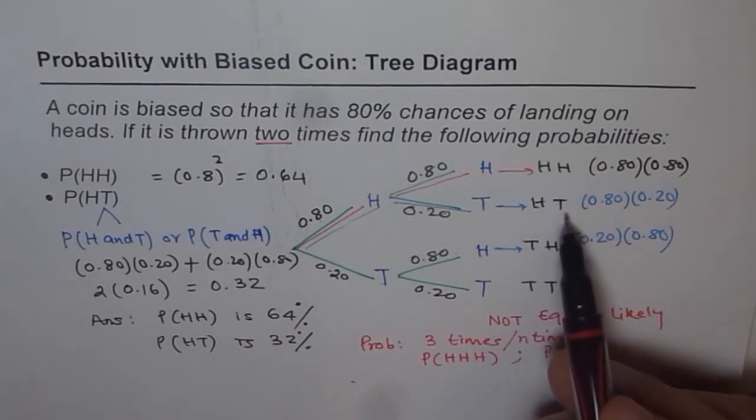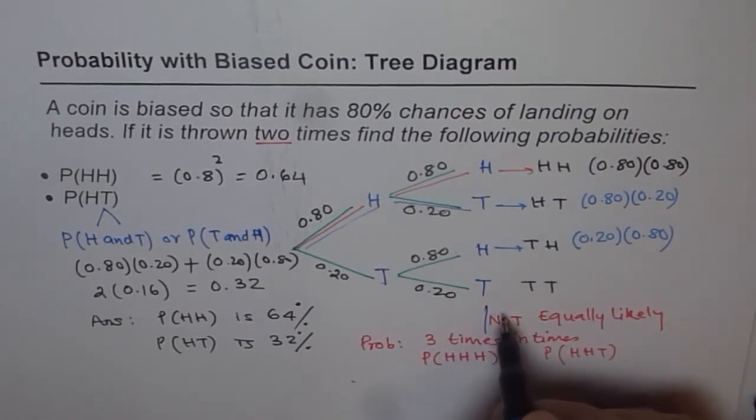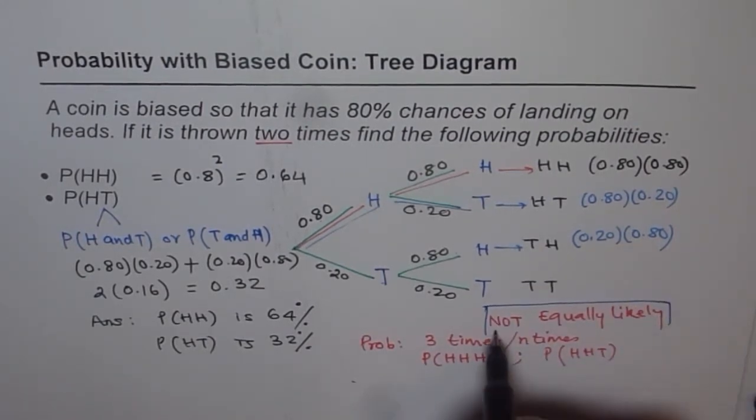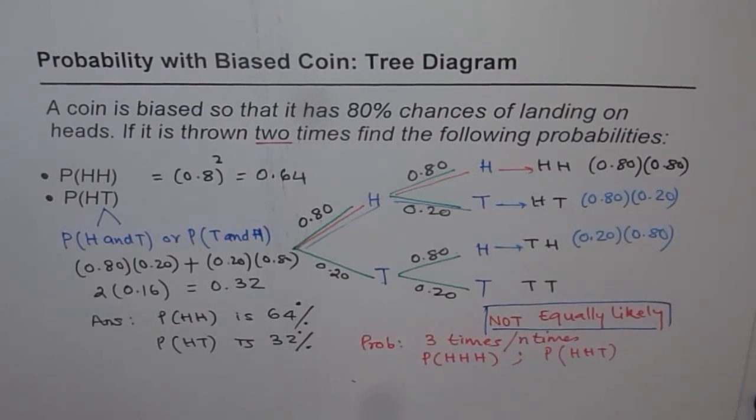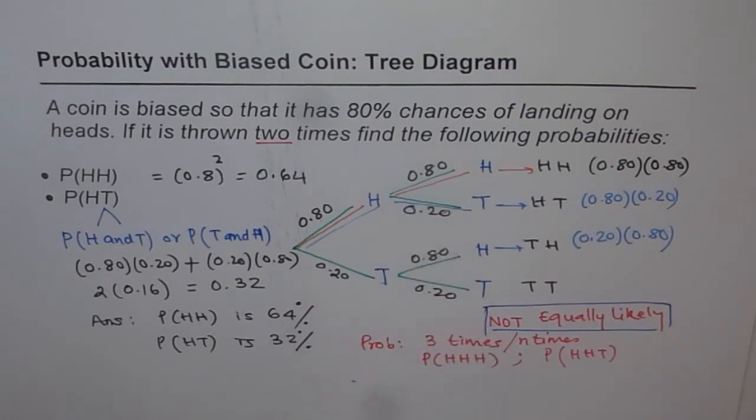That doesn't work now, since these outcomes are not equally likely. So it is important for you to understand the term not equally likely when we are dealing with biased coins, right? We'll have a few more examples which are not equally likely, where you'll find the only way to do it is to multiply the individual probabilities and get to the answer. Okay, thank you.